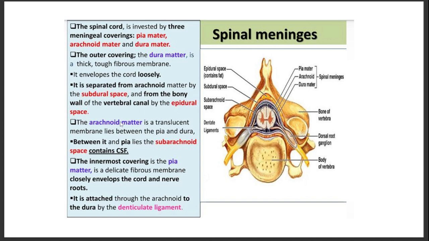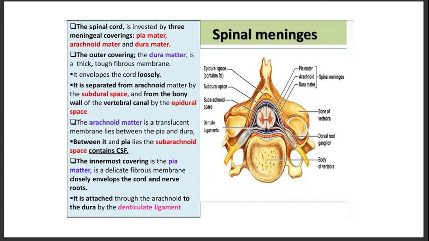One question that they can ask you, especially in clinical skills, is if you are doing a lumbar puncture, what are the layers that the needle is going to penetrate? For a lumbar puncture, you start first with the skin. After you pass through the skin, you have the superficial fascia or subcutaneous tissue.